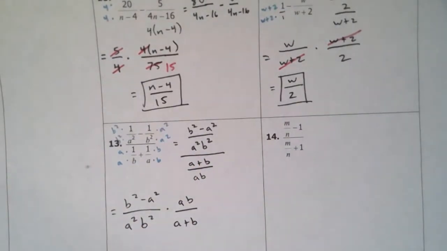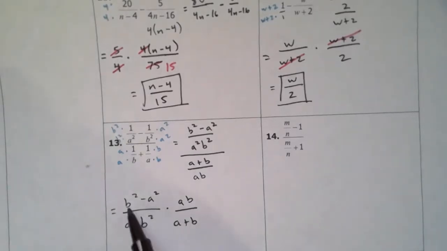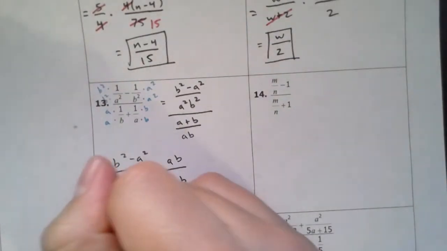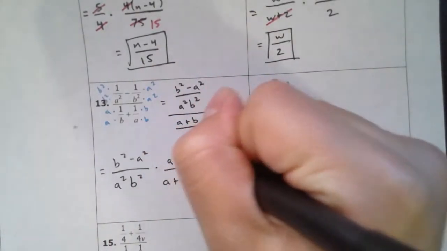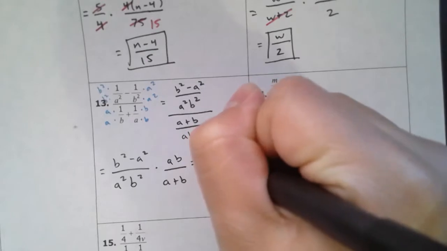Now let's see. I see it. The numerator here is a difference of squares, so I can rewrite this as b minus a times b plus a.